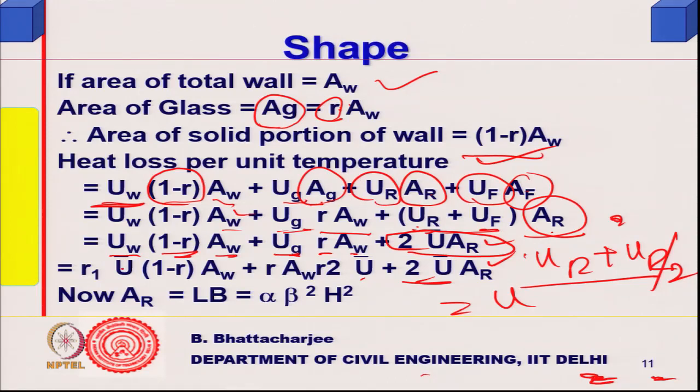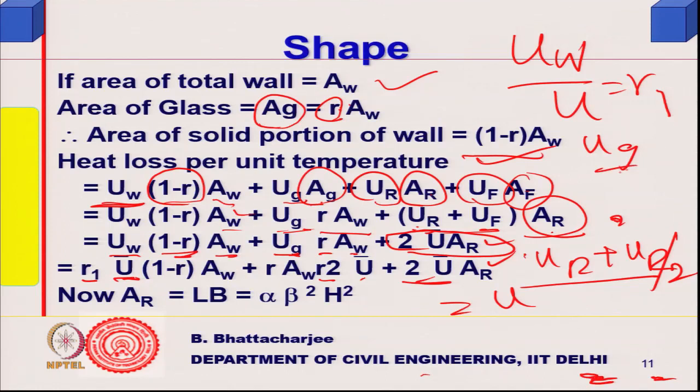if I put a ratio of UW divided by U as R1, then I can write, I am just putting everything in terms of this U, and then this is glass, U glass divided by U is equals to R2.